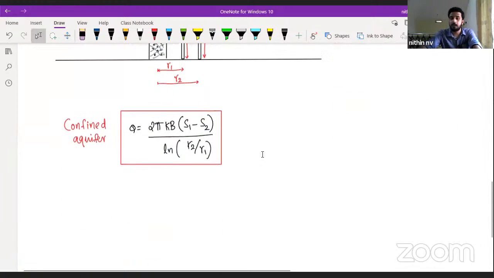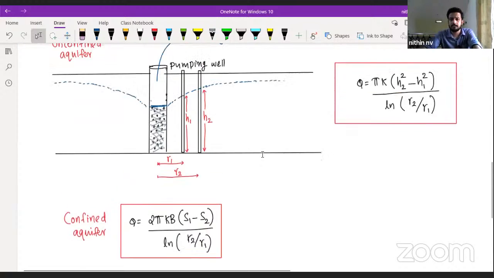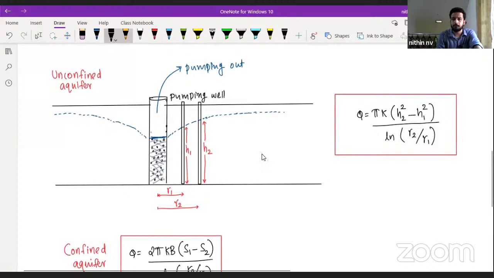If it is a confined aquifer, there is a small change in the equation. Instead of H2 square minus H1 square, we have S1 minus S2, the difference between the depressions. Always remember, we have to take the positive value, so no need to confuse which is S1 and which is S2. In this figure, I can take this as S1, where initially it was somewhere here, and now this depression I can take as S2.